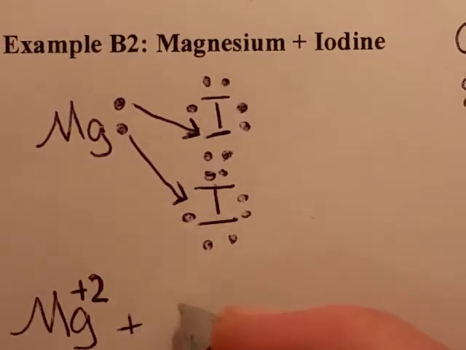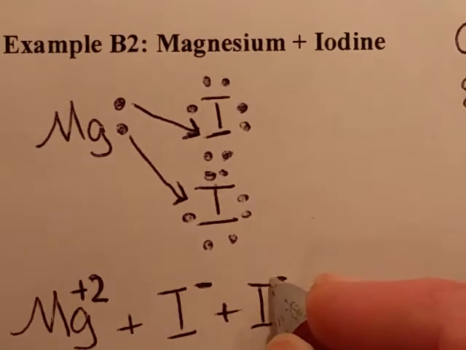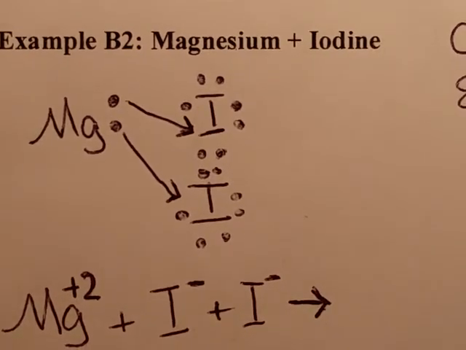Now, we have iodine, and iodine is gaining 1 negative, but how many iodines do we have? We have 2 iodines. So what does this result in? Put your resulting arrow there.